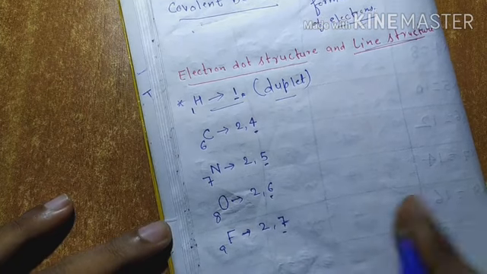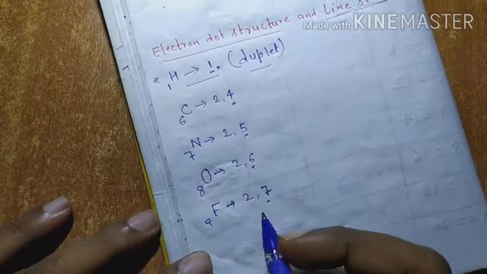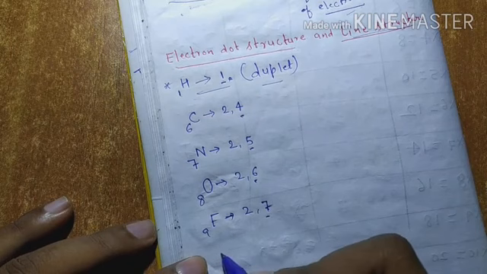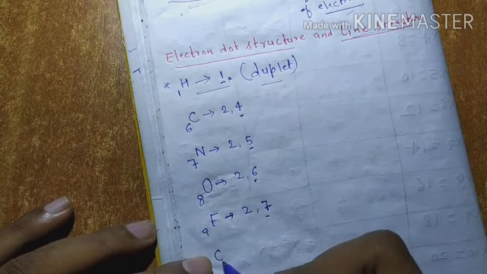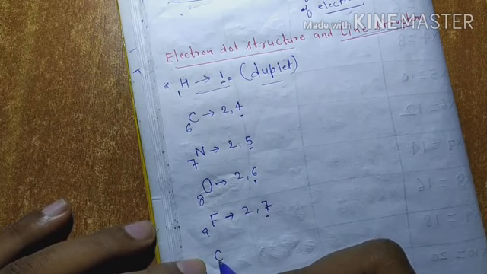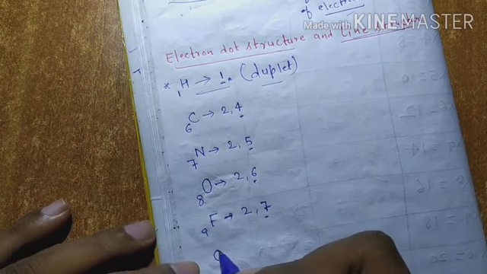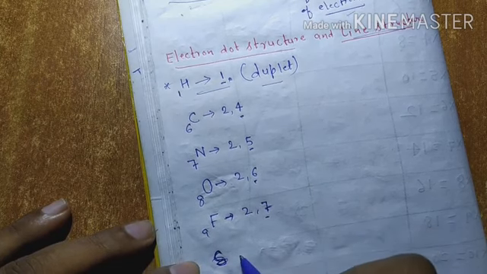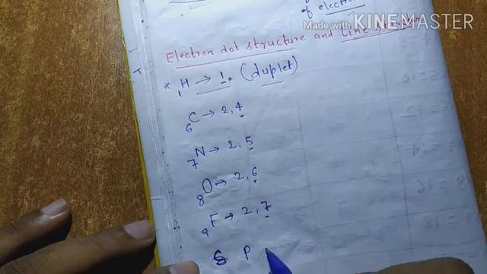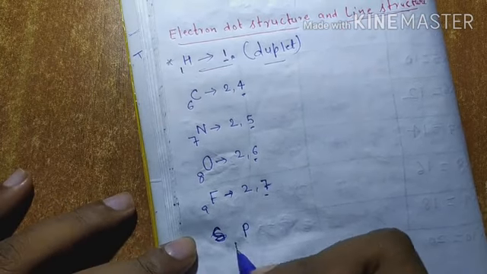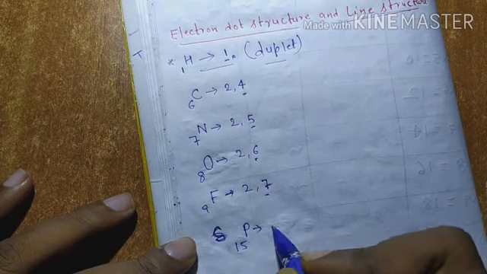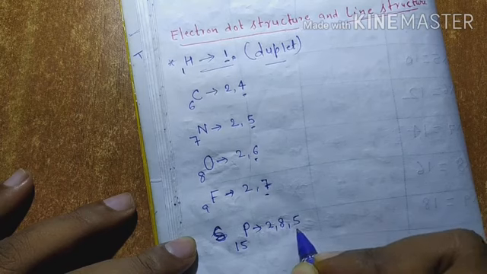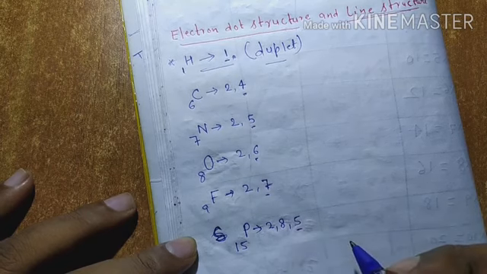Then phosphorus, symbol P, atomic number 15, electronic configuration 2, 8, 5, valence electron is 5.